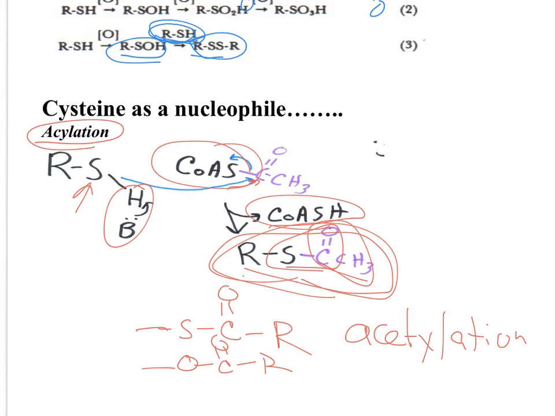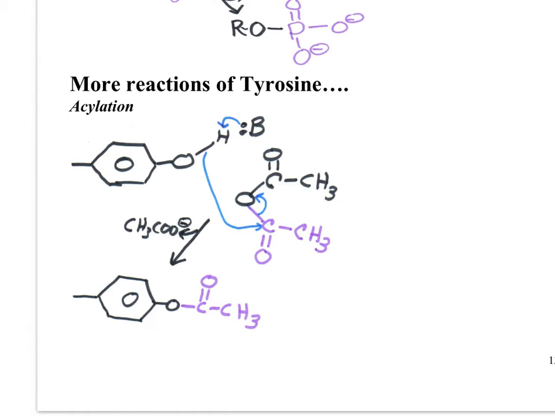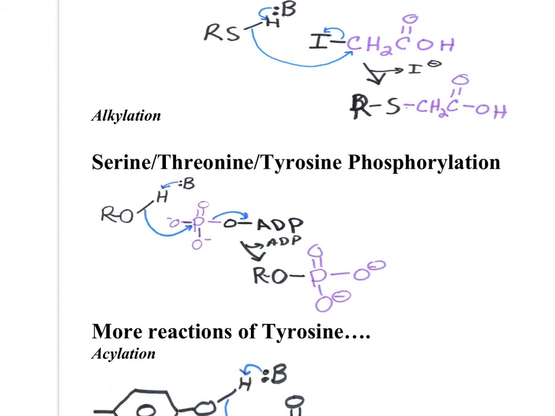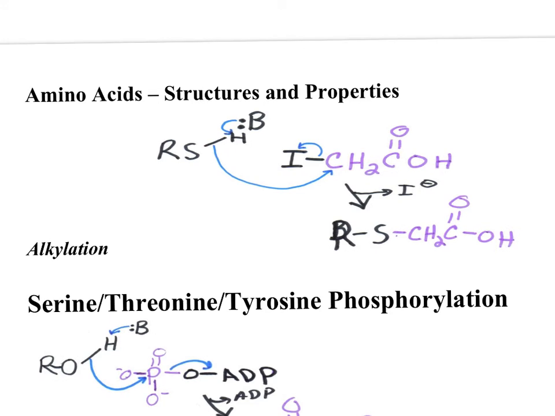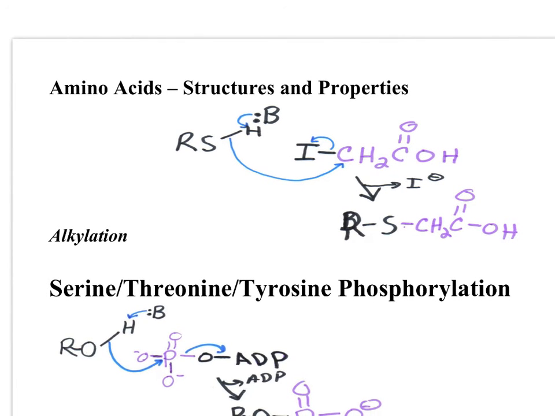So cysteine is a nucleophile. You can get something called acylation, which leads to the formation of a thioester. The other type of very similar chemistry, it even sounds the same, but if you look at it carefully, the final product is different, is known as alkylation. So you can also alkylate things. Alkylation is a very similar process.